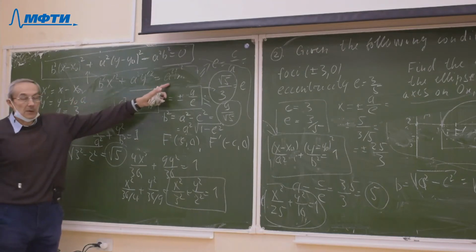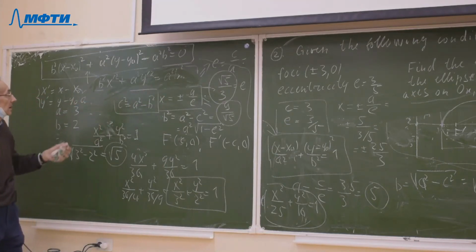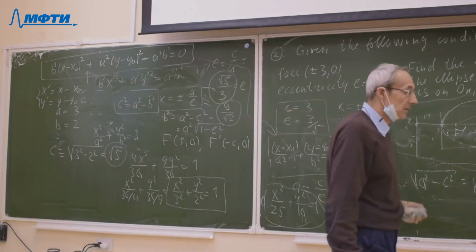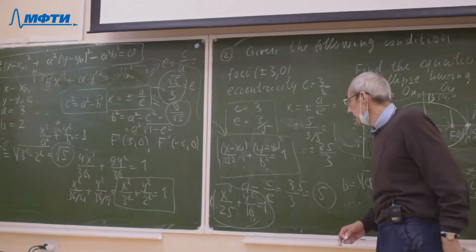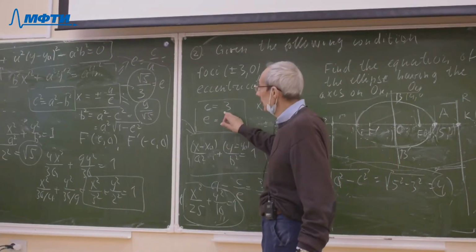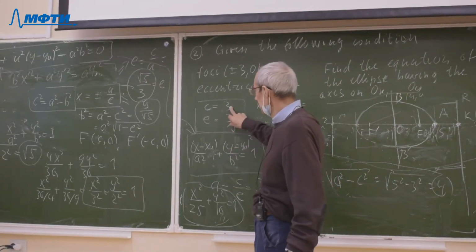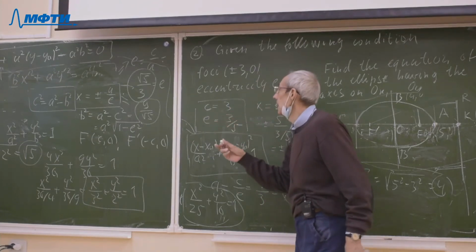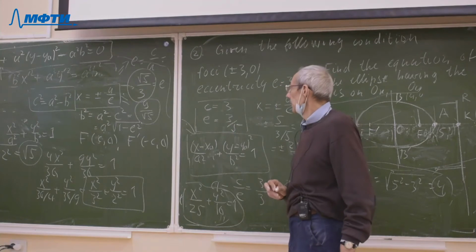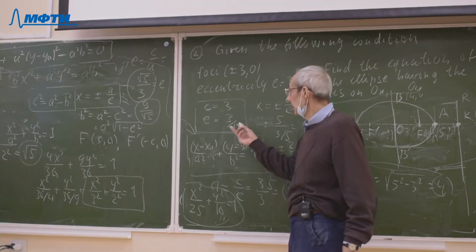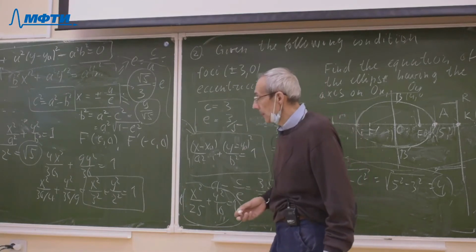After dividing by the right-hand side, we obtain the canonical equation of the ellipse. And using this equation, we can obtain the exact values for the parameters of the ellipse, the coordinates of the foci, the exact formulas for directrices, and so on.